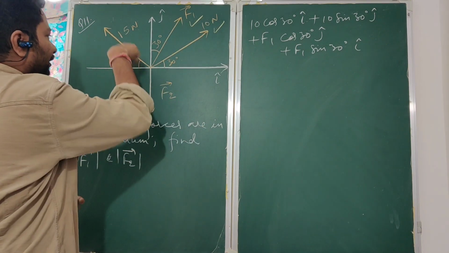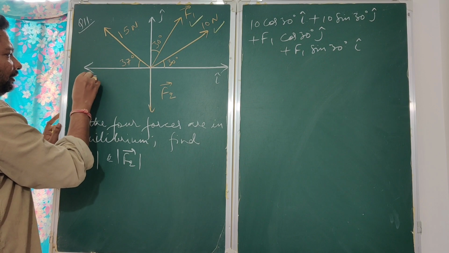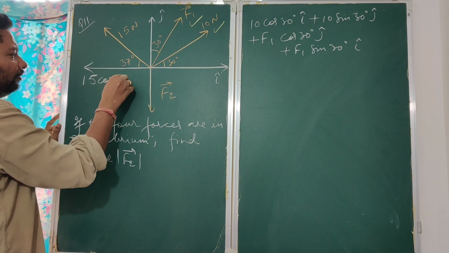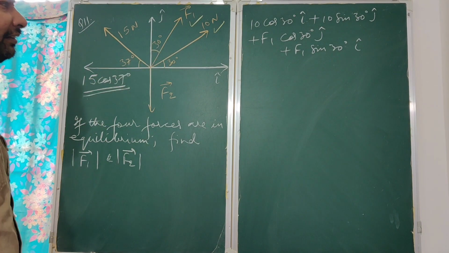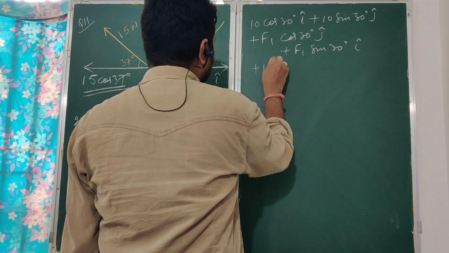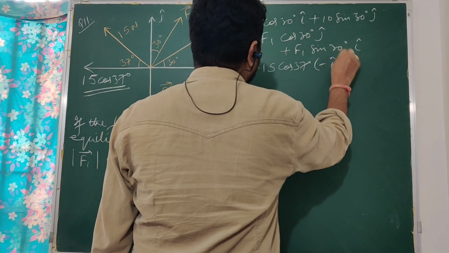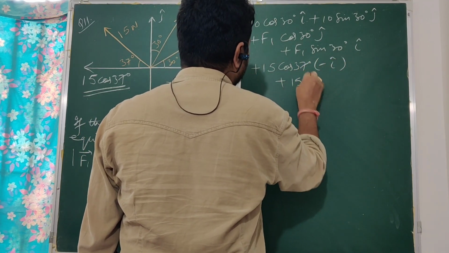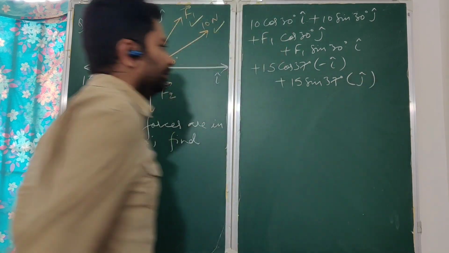Third force here is 15. You can see on this the angle is 37. So this component will become 15 cos 37 degrees, and the perpendicular will be 15 sin 37. So we can write it as 15 cos of 37 degrees along minus i cap plus 15 sin of 37 degrees along plus j cap.